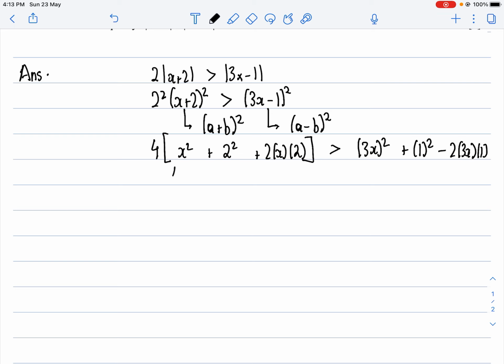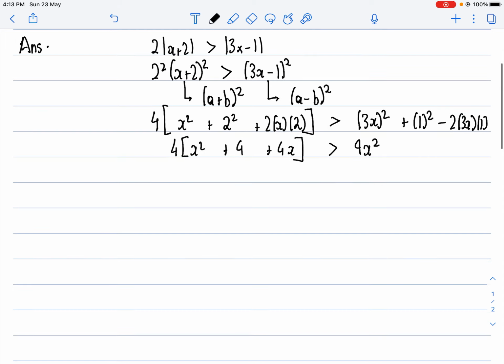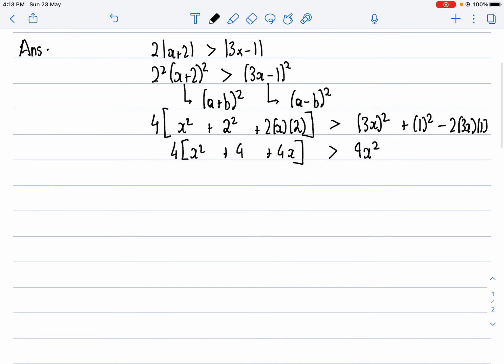So now I can write this as 4 into x square plus 4 plus 4x, which is more than 9x square, plus 1 minus 6x.